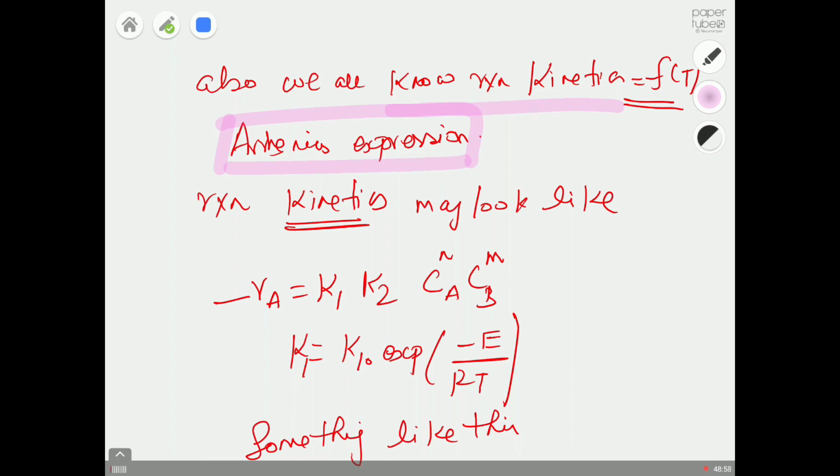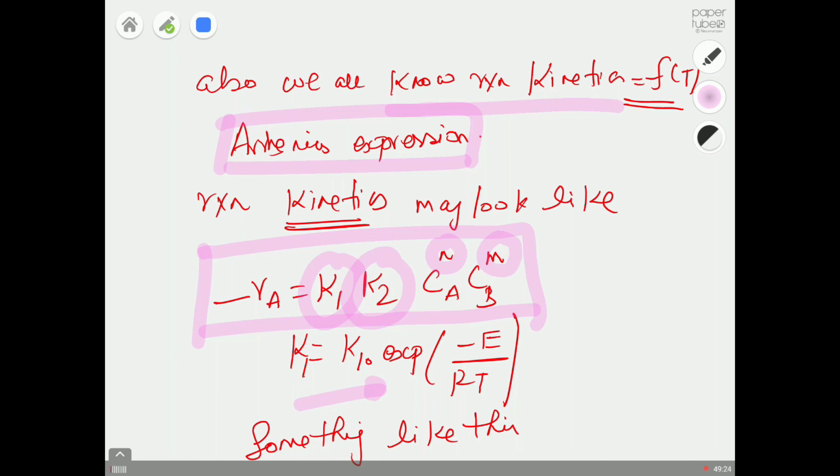Definitely, mostly it follows this Arrhenius type expression. So whenever I say reaction kinetics, it may look like that. This is your rate expression. You have some constants k1, k2, some exponent, and one of your kinetic constants follows this Arrhenius expression.